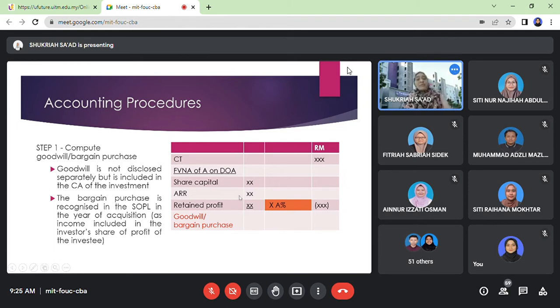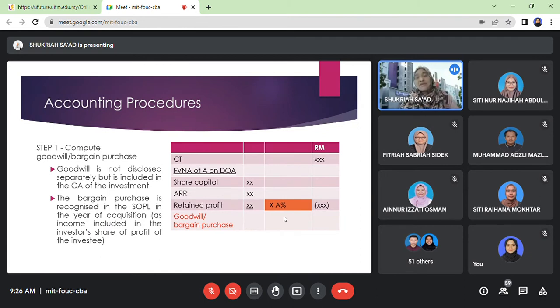Number 2, they also have fair value net asset of associate. Instead of subsidiary, we change to associate at DOA. But wherever the total fair value net asset at DOA should be apportioned accordingly, with the percentage of acquisition of the associate, which will be less than 50%.